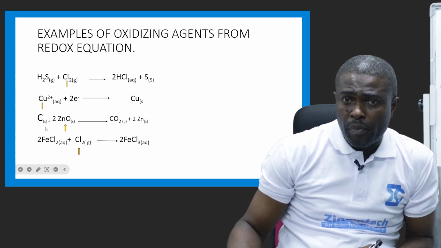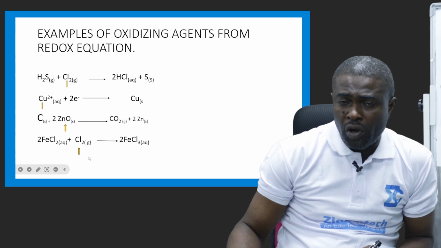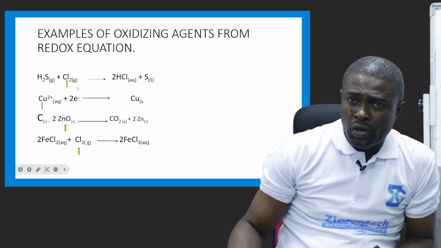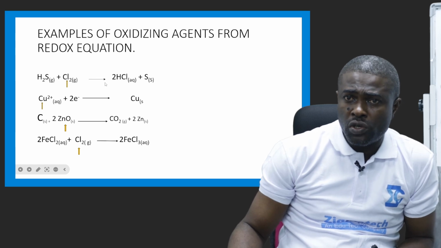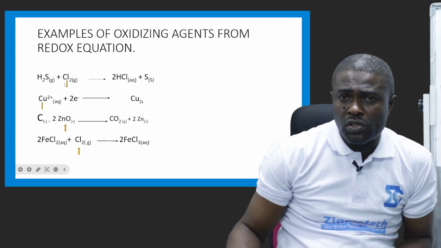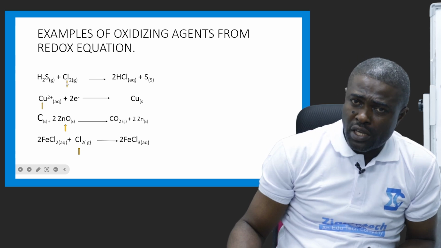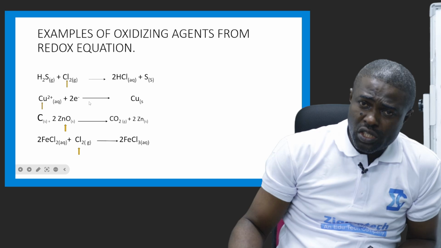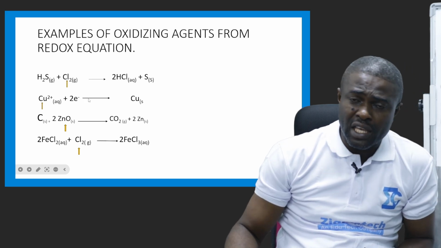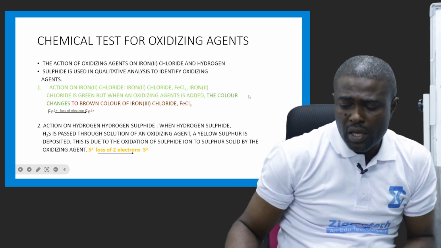Number 1, number 3, and number 4 are all Redox equations. Remember what a Redox equation is? It's the equation that shows both reduction and oxidation reactions taking place simultaneously.